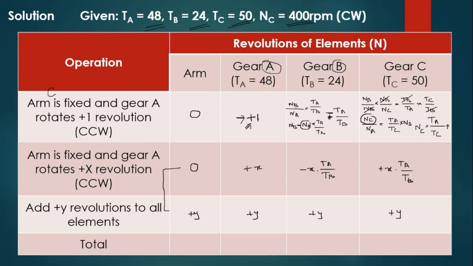So 0 plus y, x plus y, y minus x into TA by TB, and y plus x into TA by TC. This is the equation for speed of NC and this is the equation for speed of NB, right?